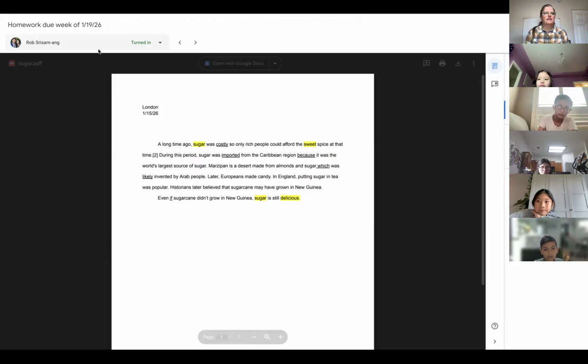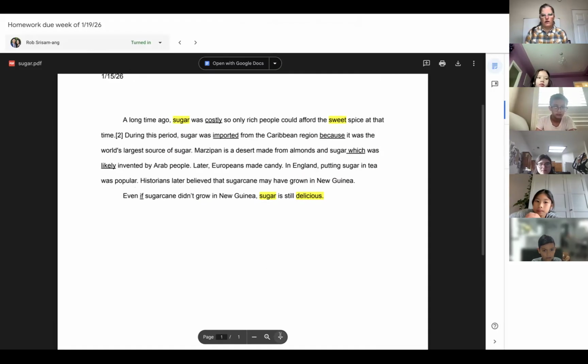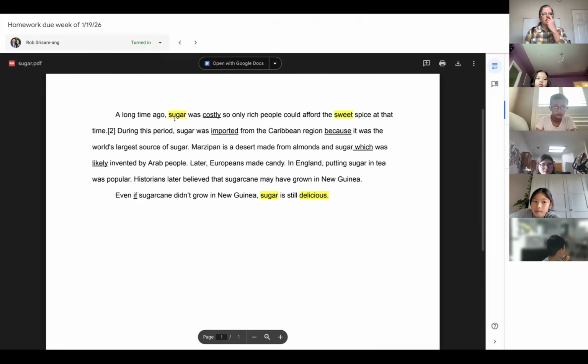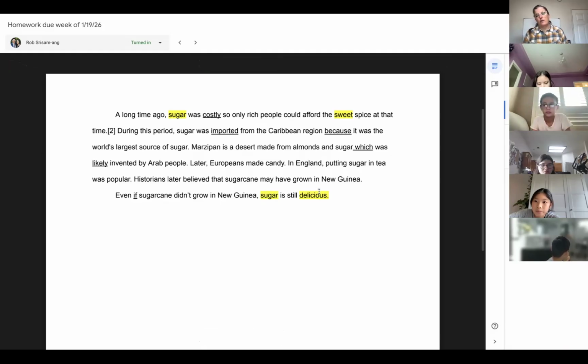She's got, and let me make this a little bigger so that you can see it a little better. There we go. She's got sugar and yellow and sweet and yellow in the first sentence, and then she's got sugar and delicious. And I would agree with her that sweet and delicious, those words reflect. They don't repeat like sugar, sugar. They reflect. So that follows the rule of two or three.